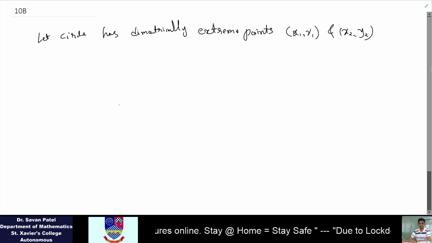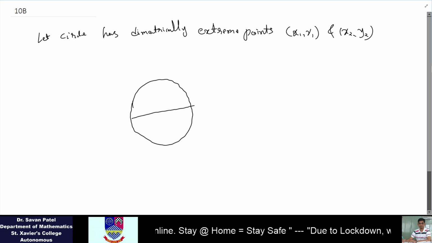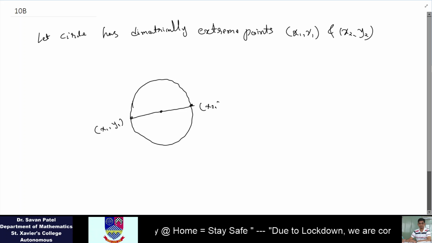If you think of it as a figure, this is your circle and this is a diameter. Since it is a diameter, it passes through the center. These two points are x1, y1 and x2, y2, and this point is your x, y.